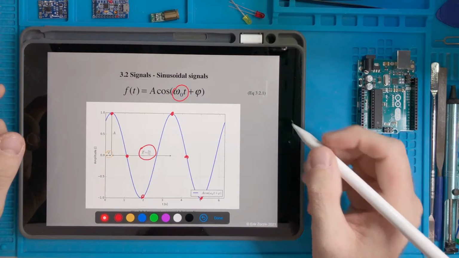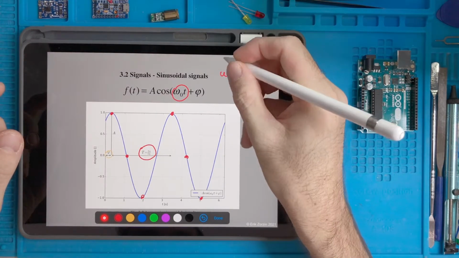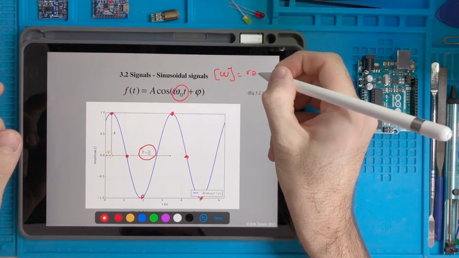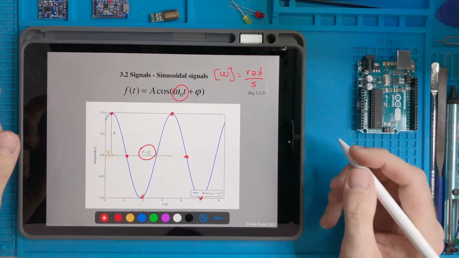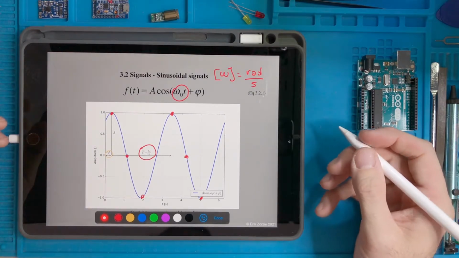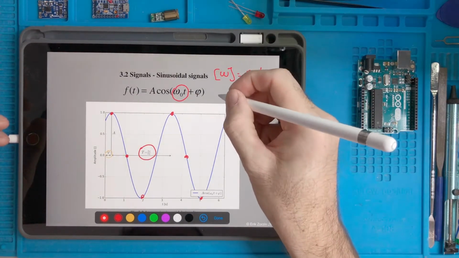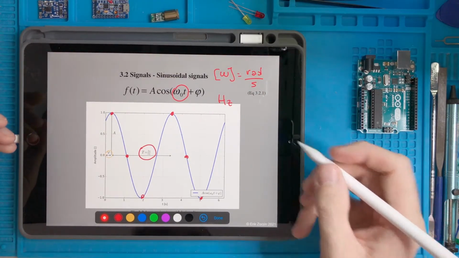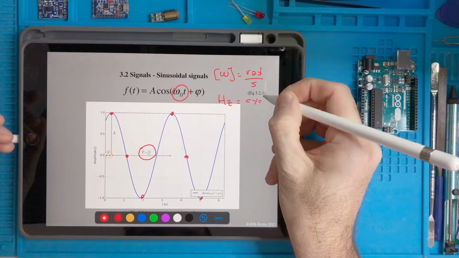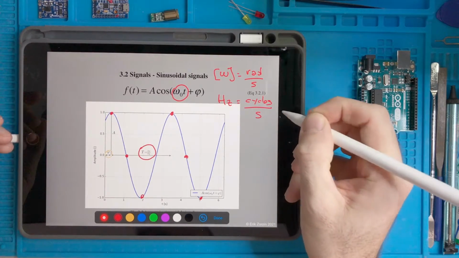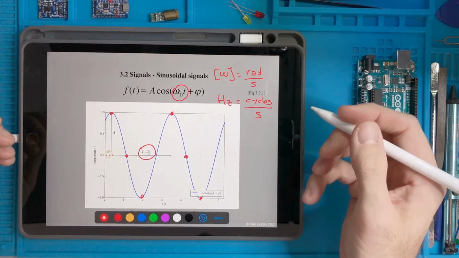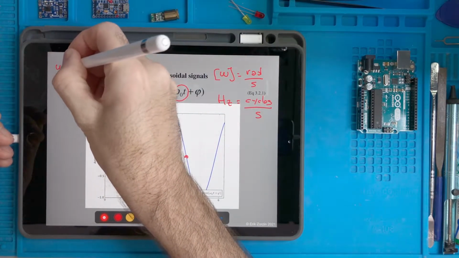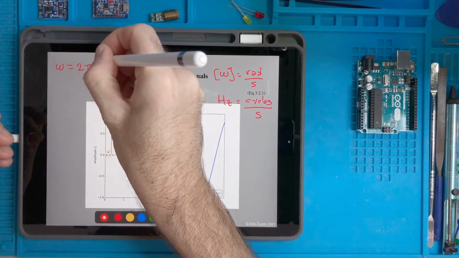So omega, the units is radians per second, but sometimes the frequency is measured in hertz, which is cycles per second. And there are 2 pi radians in each cycle, so omega is equal to 2 pi f.